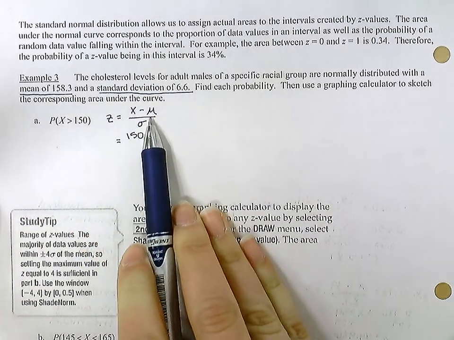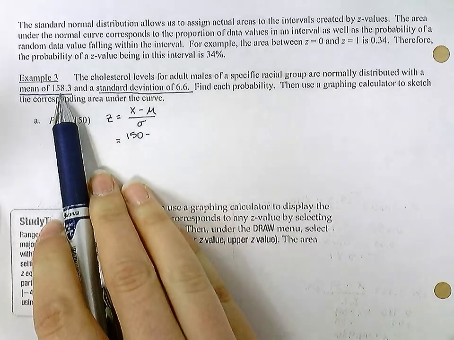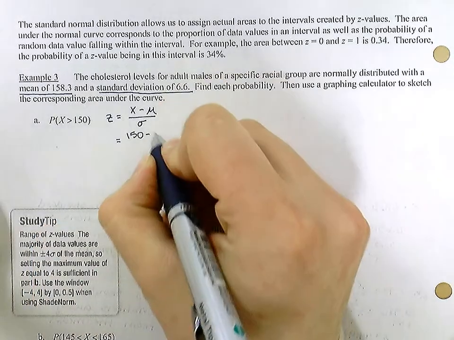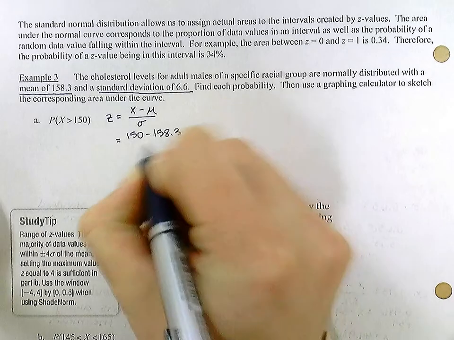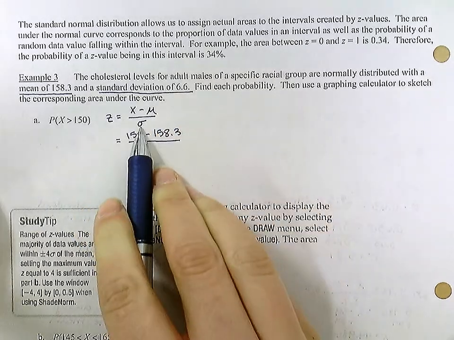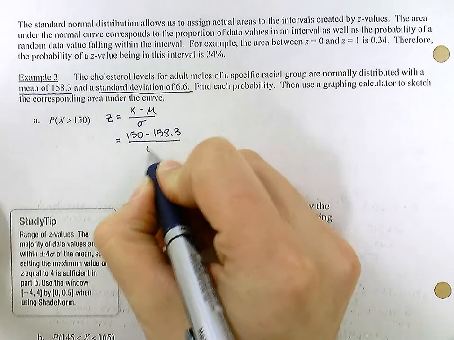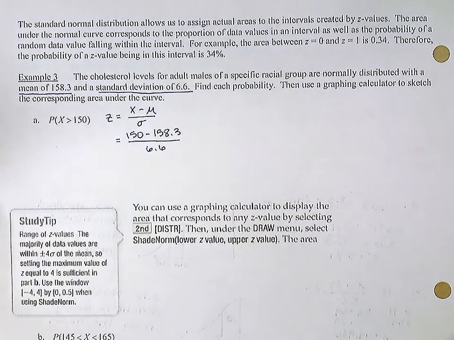I know what the mean is, that's 158.3. And I know what the standard deviation is, that's 6.6. To calculate the z-score, all we need to do is enter that into our calculator. So we have 150 minus 158.3, that's negative 8.3. Then divide that by 6.6.